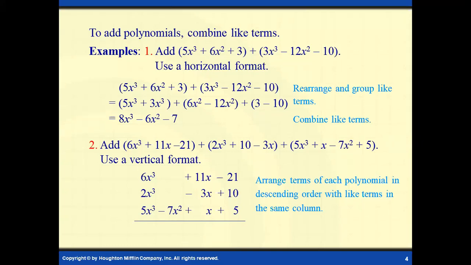We have plus another one, 2x cubed plus 10 minus 3x, close brackets, and of course the last one, 5x cubed plus x minus 7x squared plus 5.